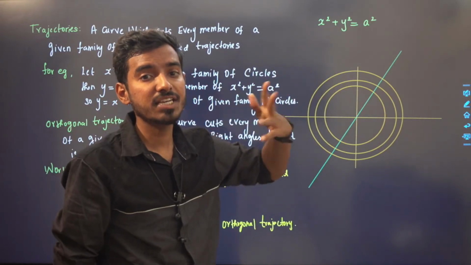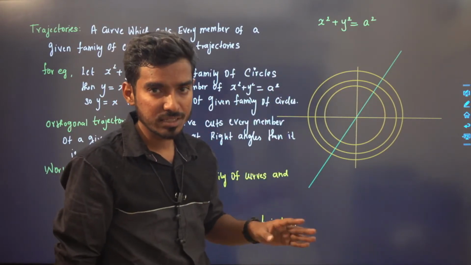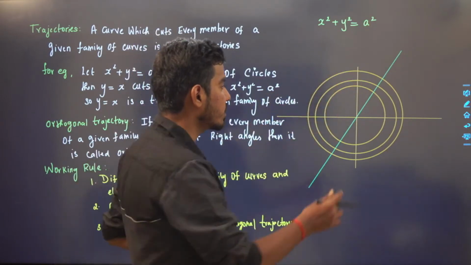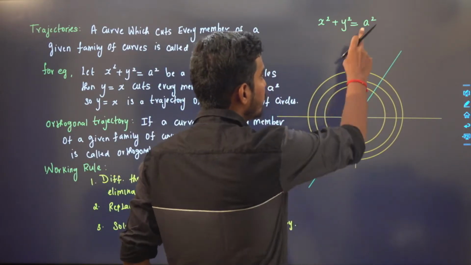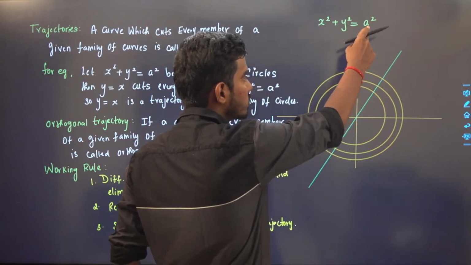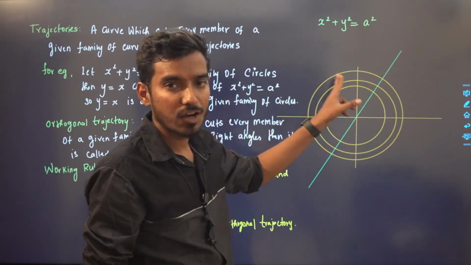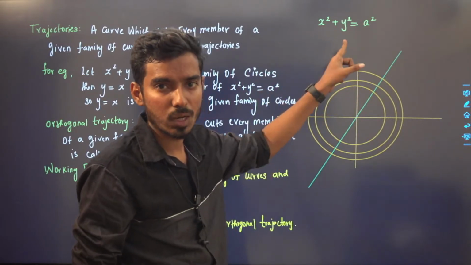That means if I keep changing a, we will have different circles. For example, if a is equal to 1, we will have a circle of radius 1. If a is equal to 2, then a square will be 4, so we will have a circle of radius 2 with the center (0, 0).